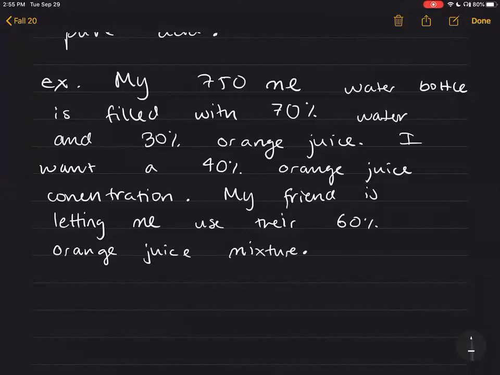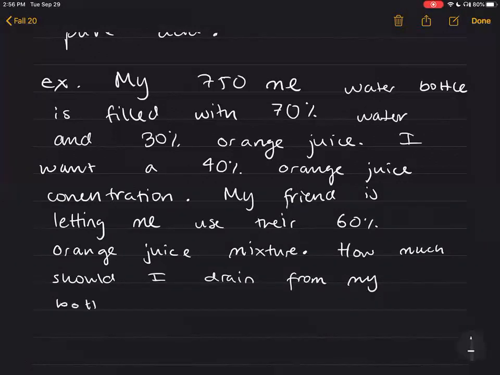So what I'm going to do is I'm going to use this 60% mixture and I'm going to supplement some of it into it to bump it up to 40%, right? But my water bottle's full. So how much should I drain from my bottle and replace with the 60% mixture?